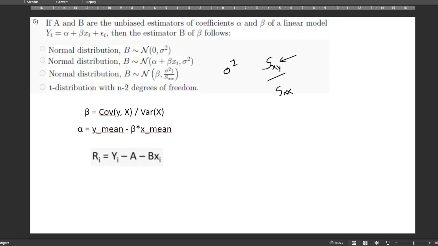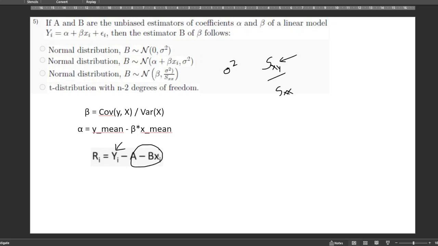To find out what distribution it follows, we have to see the residual. Residual is the difference between the observed value and the predicted value. The response variable we got from the experiment, y, is normally distributed because it has been taken from a normal population, and the predicted value should also be normally distributed in order to match this relation.